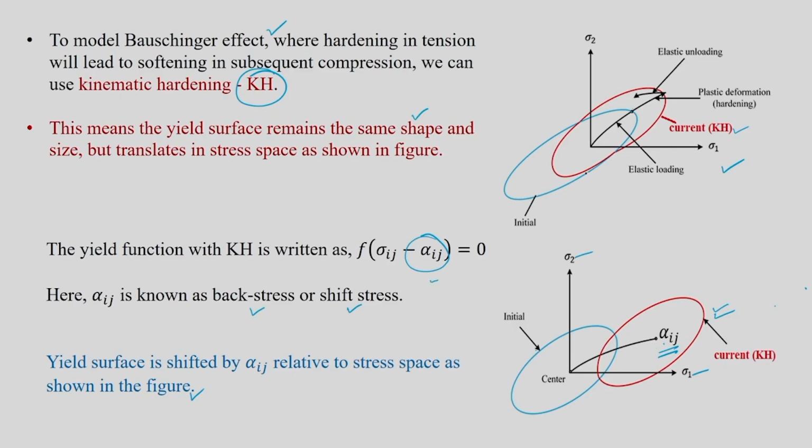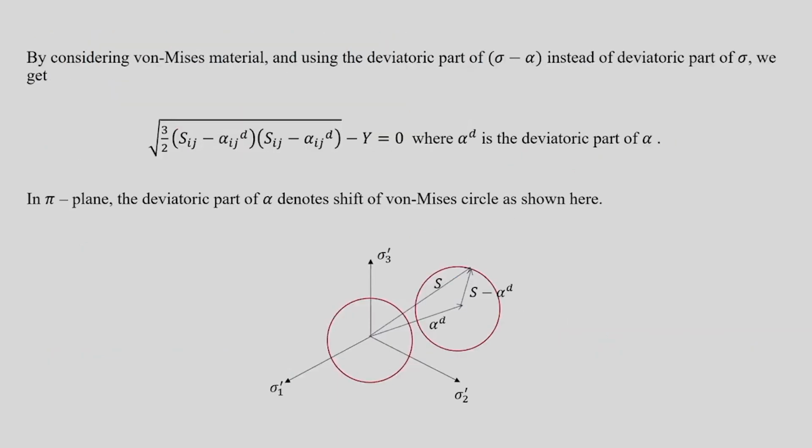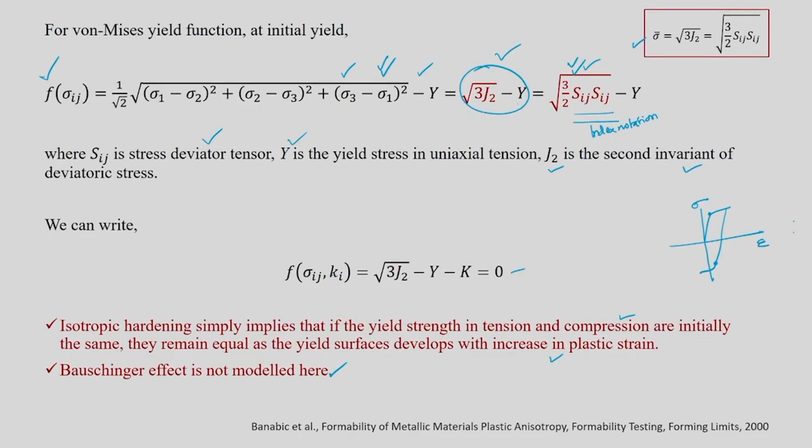Now what we are going to do is very simple. We are going to rewrite this particular equation in this format. I am going to use this known format, the form square root of 3 by 2 into Sij minus y.